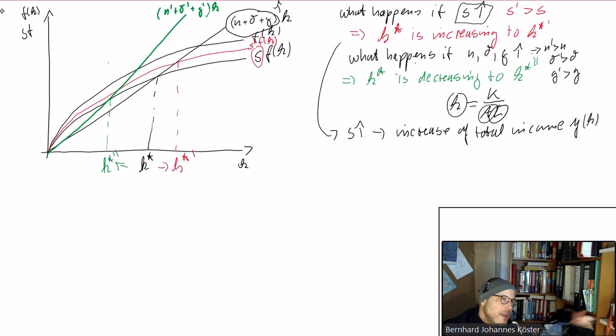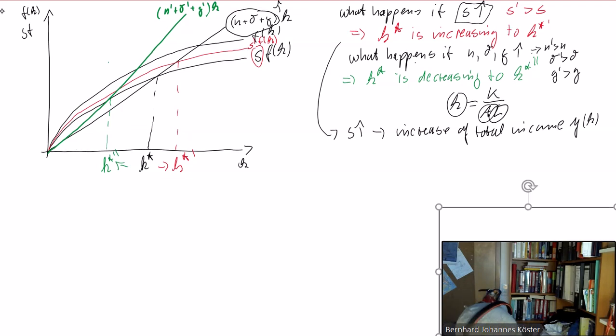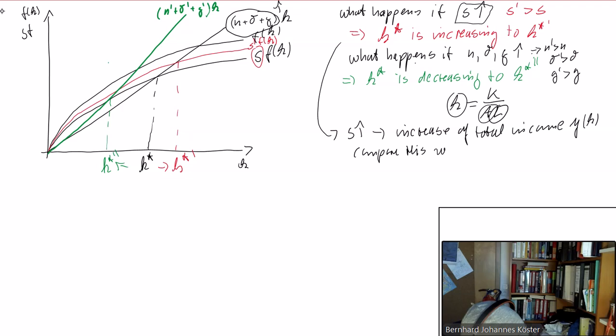So if k is increasing, then of course also income y is increasing. Compare this with the Keynesian view.